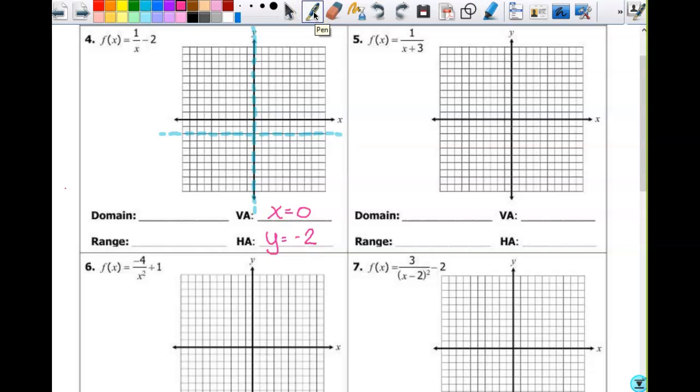Okay, so here's the nice thing about these. The rule has always been you do your shifts last, like left, right, up, or down. That is the very last thing we do. But since this affects our asymptotes, they are where they need to be. So basically, I've already taken care of this minus 2 part. All I need to worry about is this now. Well, that is my parent function.